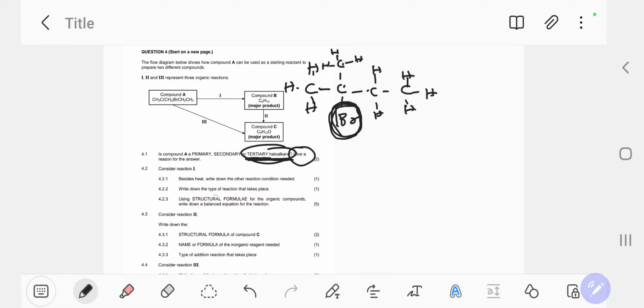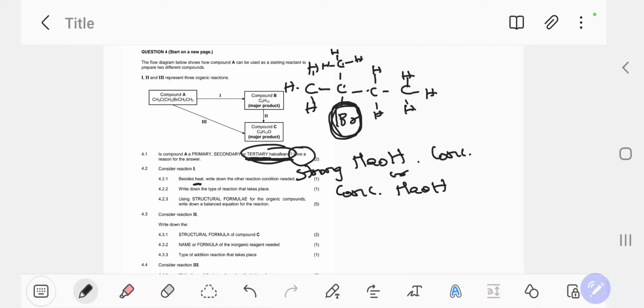Consider reaction 1. Besides heat, write down the other reaction condition needed for us to produce the alkene from the haloalkane. Guys, what is it that we need? We need a strong sodium hydroxide that is concentrated, or you can write it this way: concentrated sodium hydroxide, because we know that sodium hydroxide is basically a strong base.